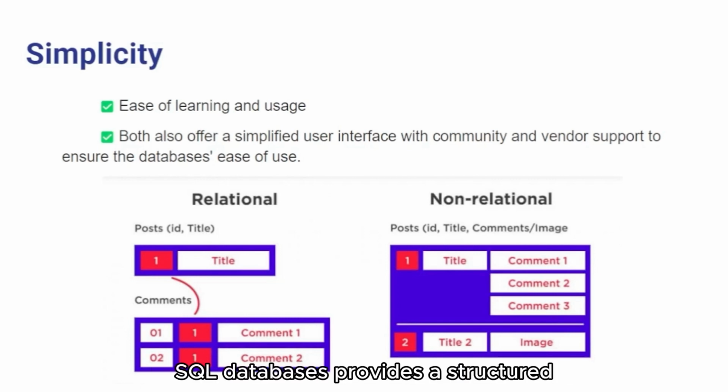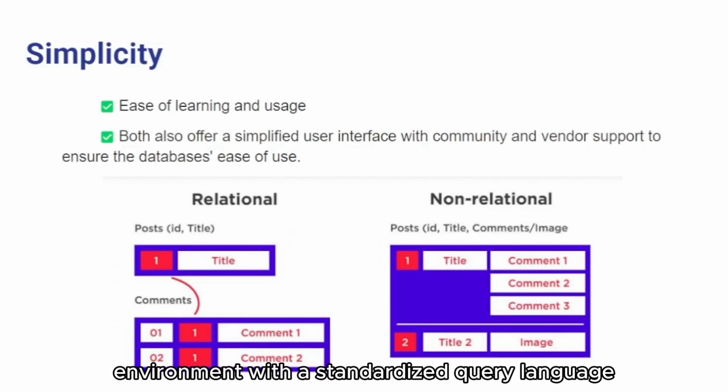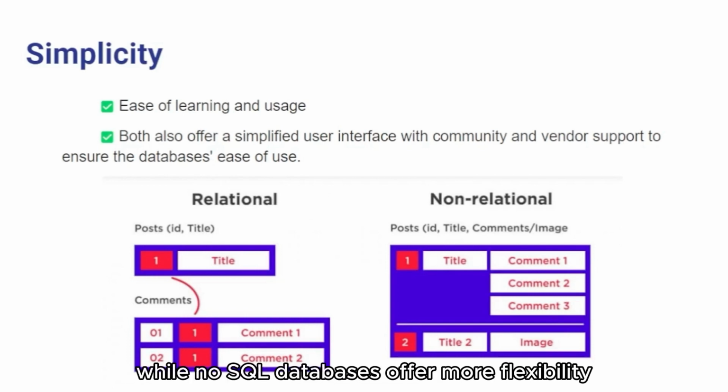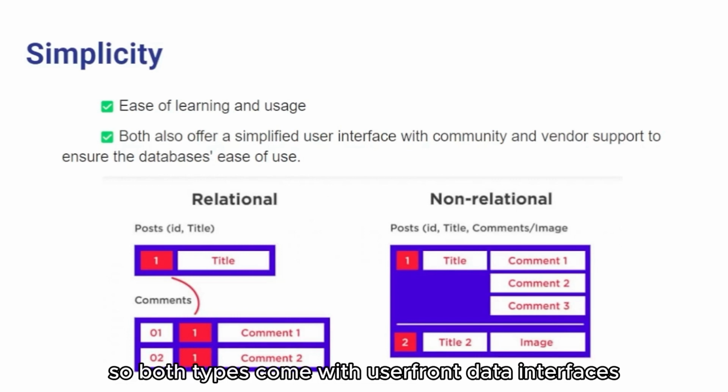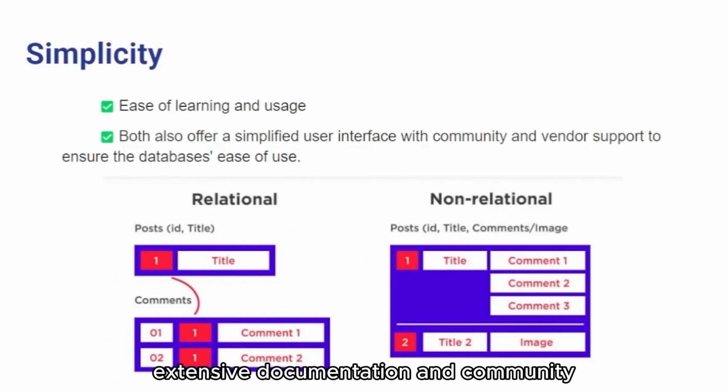SQL databases provide a structured environment with a standardized query language, while NoSQL databases offer more flexibility, particularly when dealing with unstructured or semi-structured data. So both types come with user-friendly interfaces, extensive documentation, and community and vendor support to assist users in effectively utilizing the databases for their specific needs and use cases.